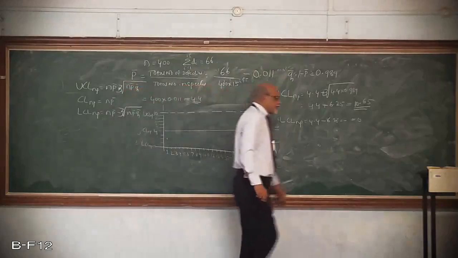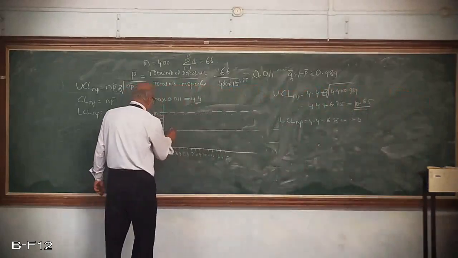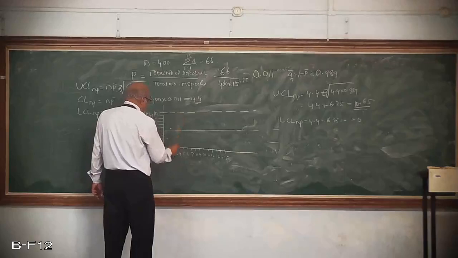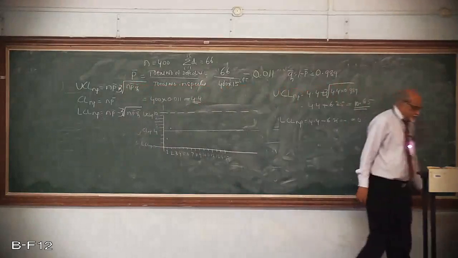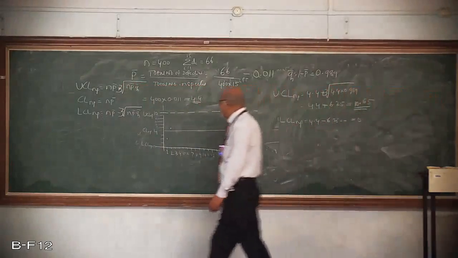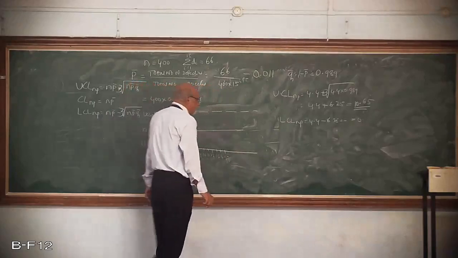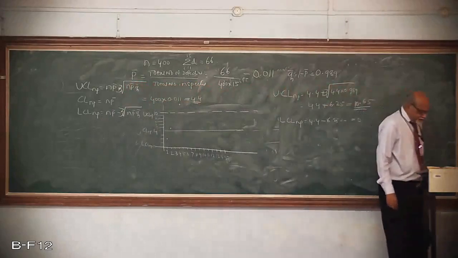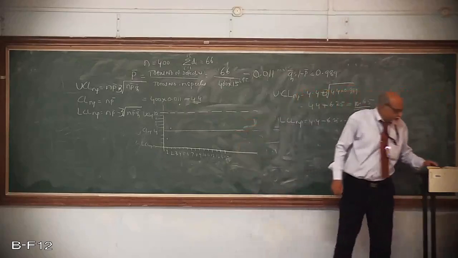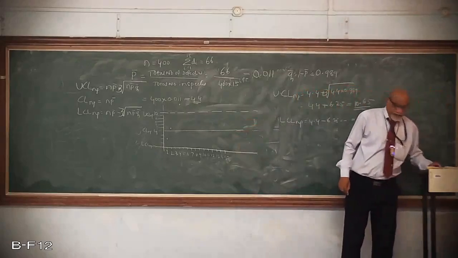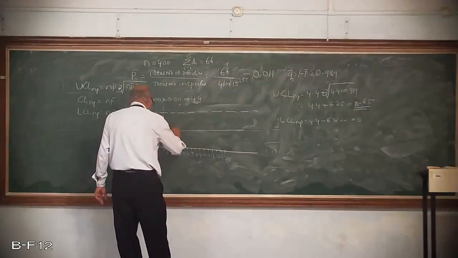For the second sample, the number of defectives is 5. Third, it is 0. Fourth, it is 14. That means it will fall somewhere here, 14. Fifth, it is going to be 3, 6, 0, like that. So they will fall under these. But the ninth point is 18. Like that, I can go on connecting them. It will behave like this.